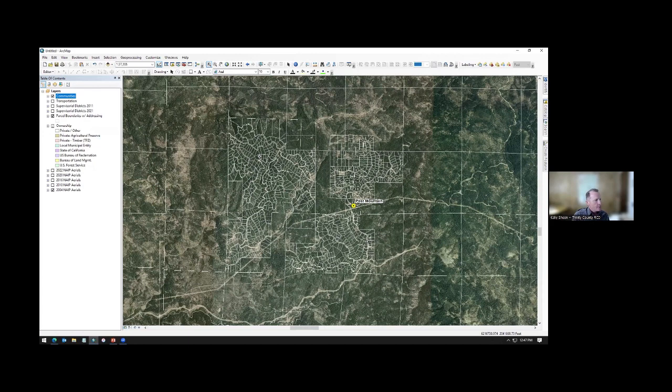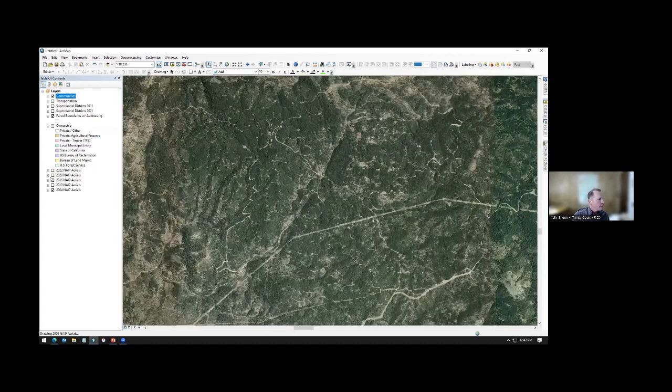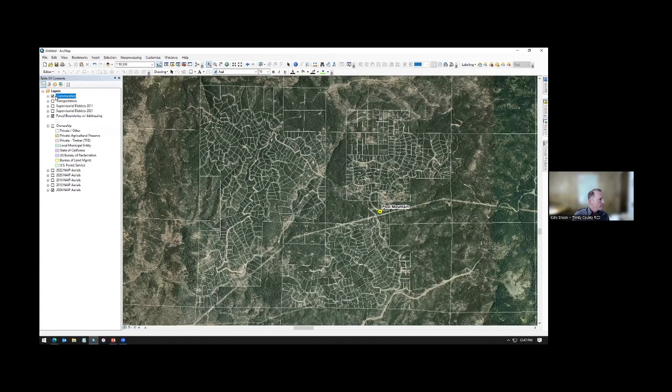There's about 1,100 parcels in this subdivision, and it's kind of out in the middle of nowhere. And for the sake of illustration, I'll zoom in just a little tighter. And I'll show you a little bit of how this has evolved for us here in Trinity County.